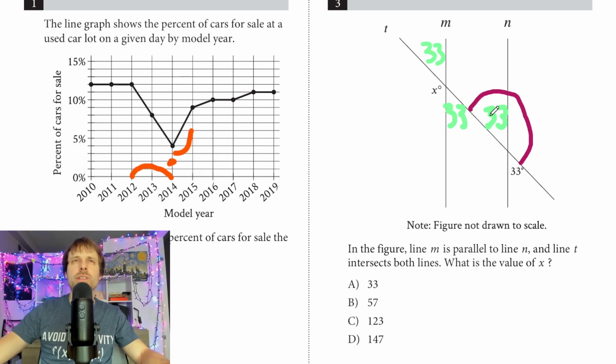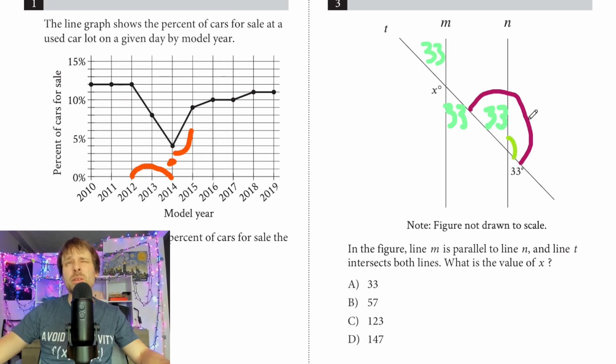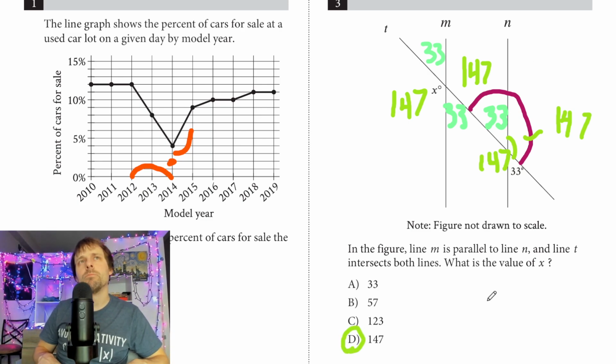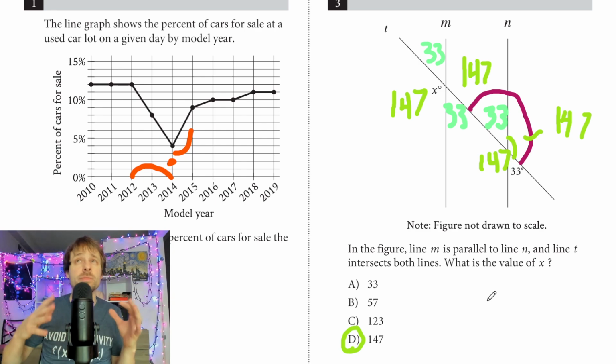So you got to think, well, what's going to make that 180? This angle right here. And I think it's going to be 147. And then vertical angle, so this would be 147, and then up here, 147, and then this, 147. So these diagrams, they're only going to have 2 angles. I look through my answers and they want to know X, and I think it's just going to be D here. Really not too bad. We'll get into the much more intermediate and harder angle problems. These ones, easy.